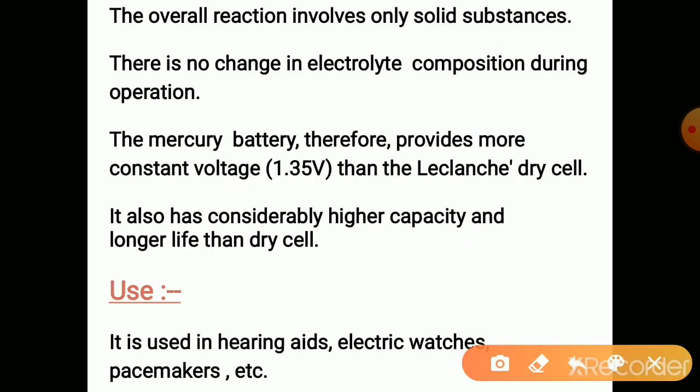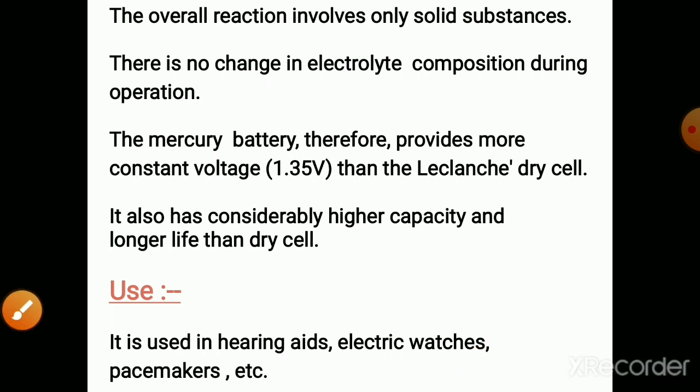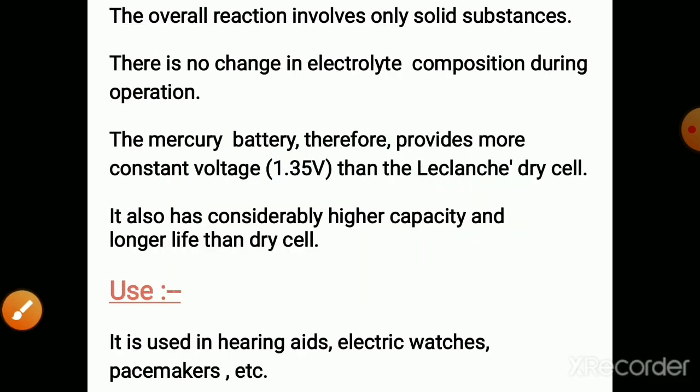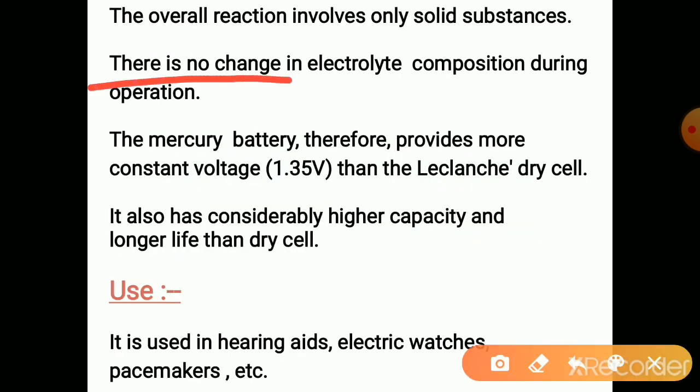The overall cell reaction involves only solid and liquid substances. Mercury obtained is in the liquid state. Zinc oxide obtained is in the solid state. There is no change in the electrolyte composition during operation.